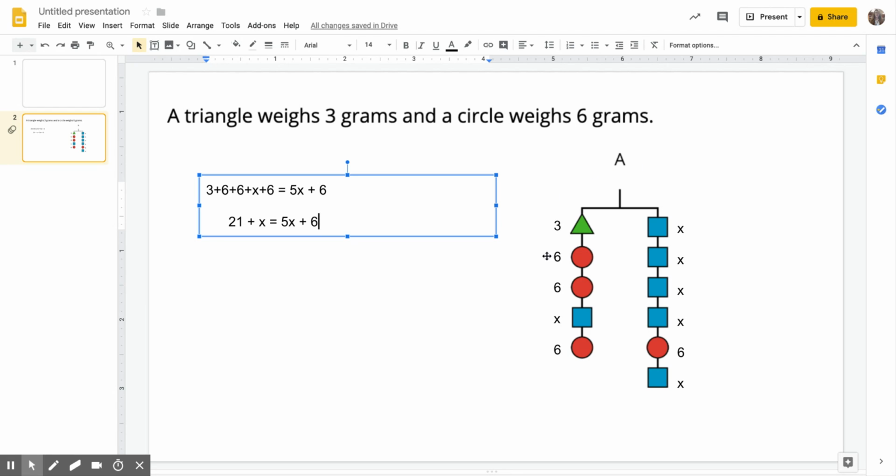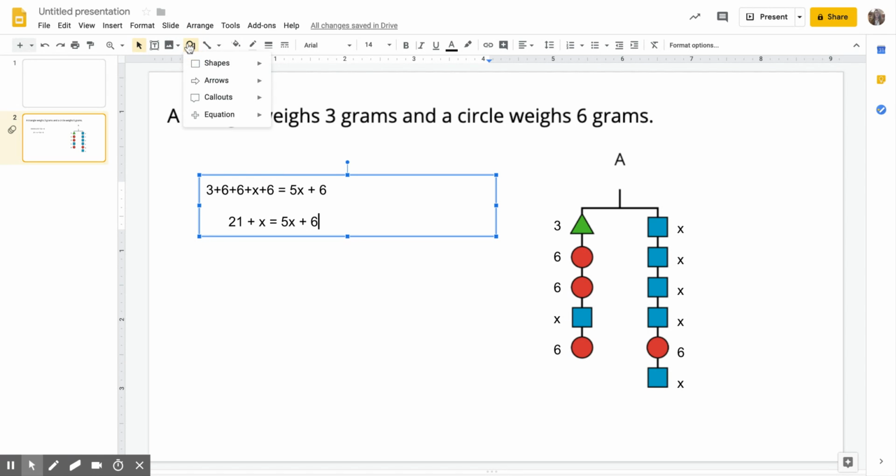Now let's come back over to our diagram. We learned in the last activity that if I remove the same figure from both sides, I should be able to keep the figure balanced. So I notice that I have a circle on the left and a circle on the right.